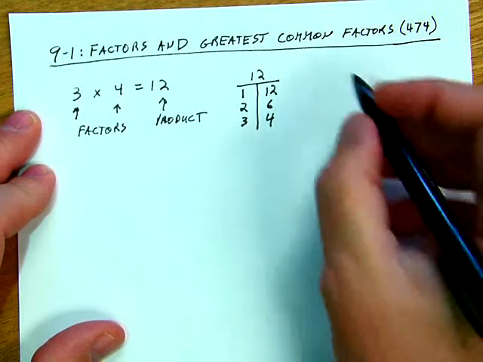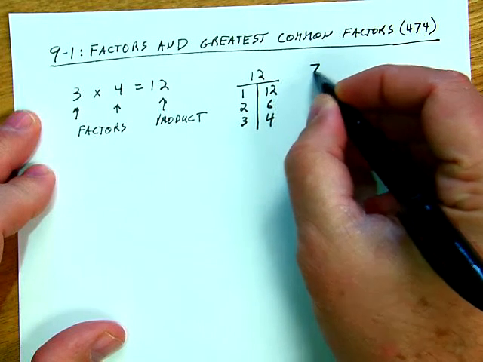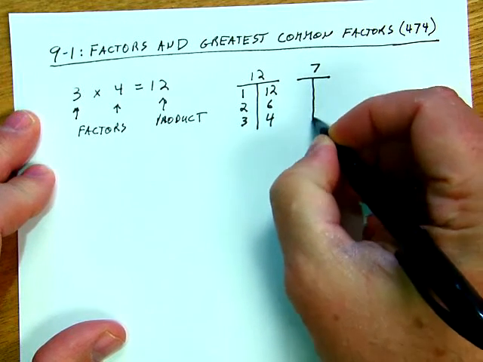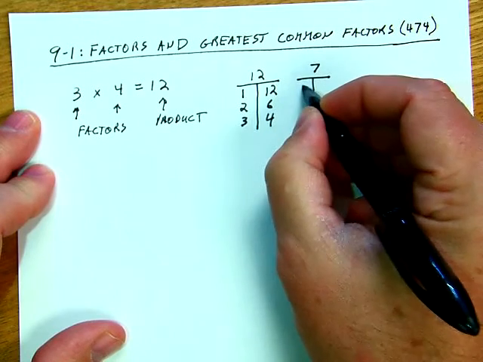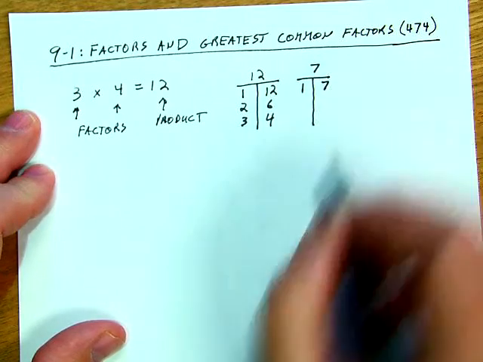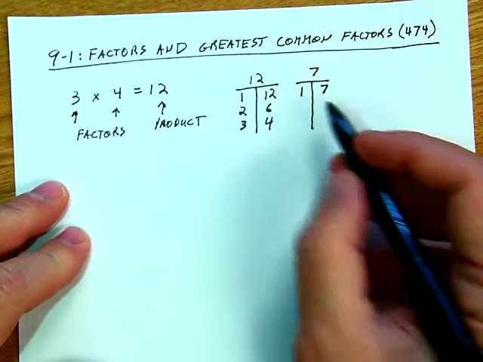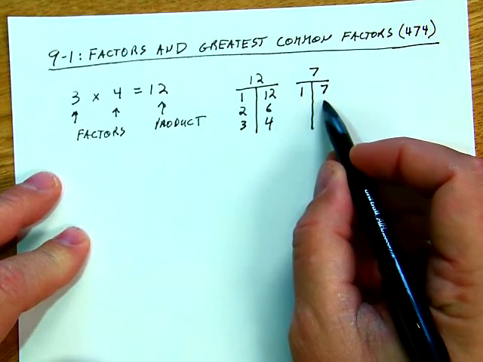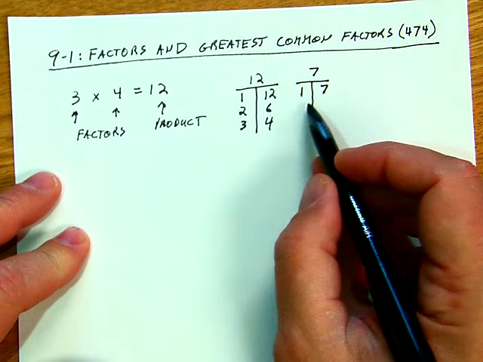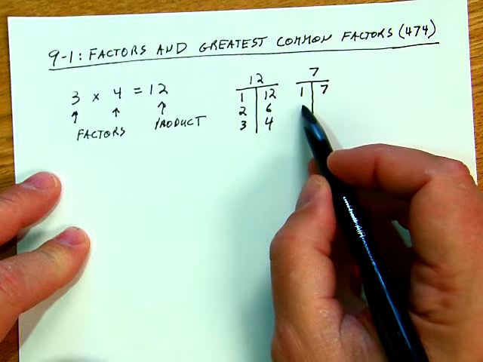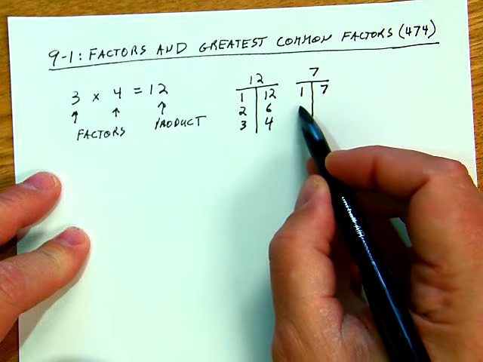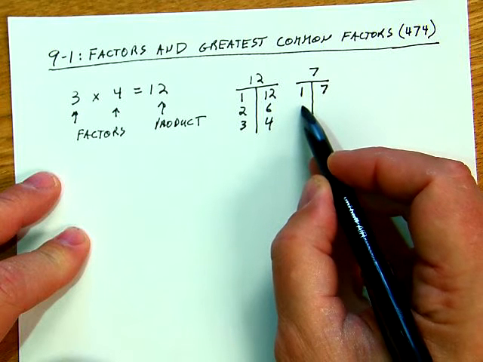Let's do another number. Let's do a number like this, 7. What is its factoring table? Well, we always start with 1 and the number. Well, 1 times 7 is 7. So we try 2. Well, 2 doesn't go into 7 evenly, so let's try 3. 3 doesn't. 4, no. 5, no. 6, no. 7.